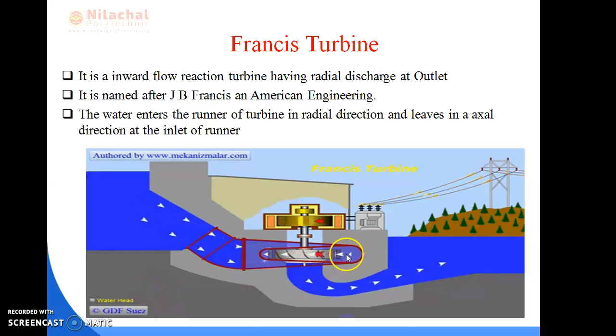The water exits from this outlet. These arrows suggest that the water is exiting from the outlet. This is the end that is known as the outlet for the Francis turbine, and this water comes to the tail race level.